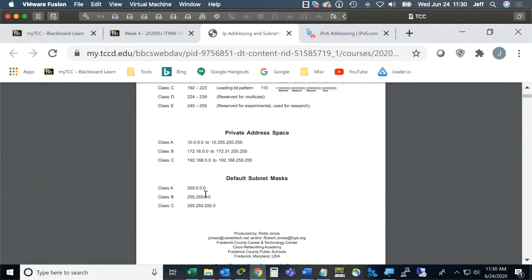You'll see that we're just going to be powers of 2. If we take 3 bits, we can do 8 networks, because 2 to the third power is 8. And that's just the number of combinations of zeros and ones that we can do, right? Does that make sense?